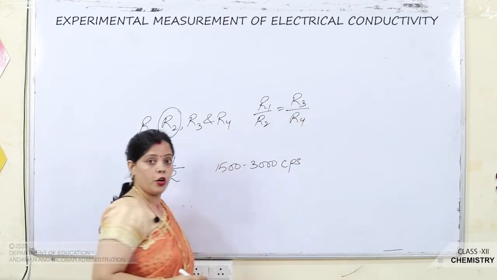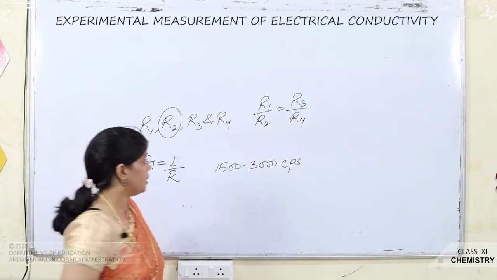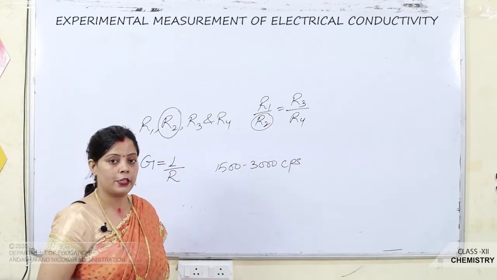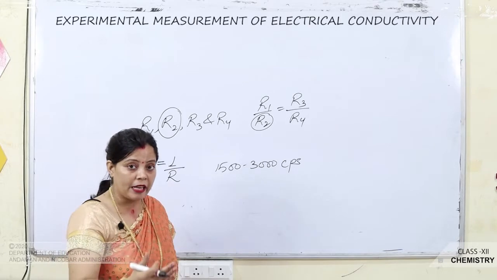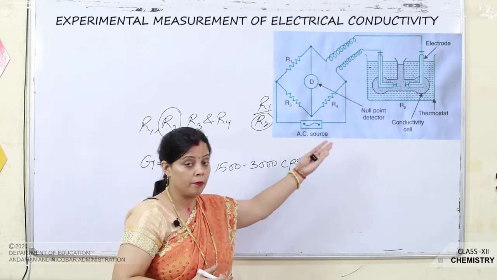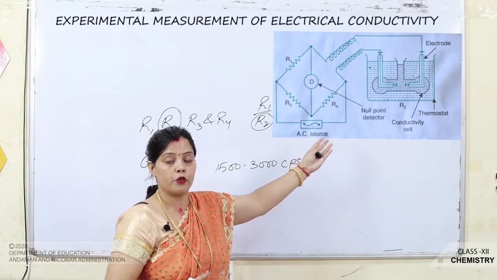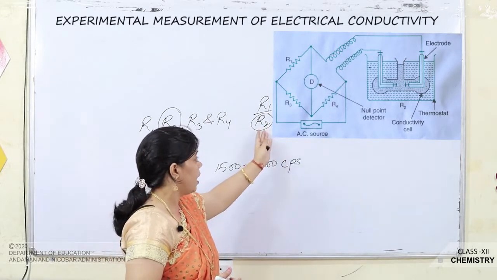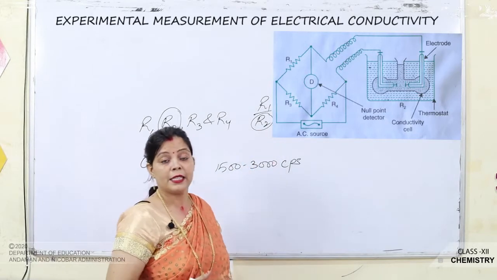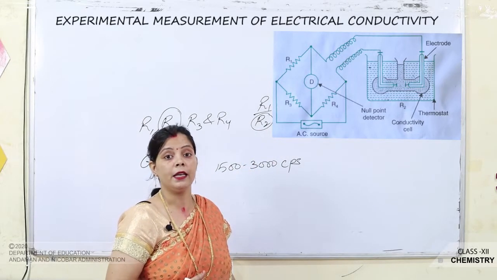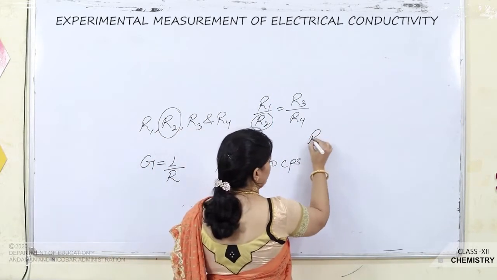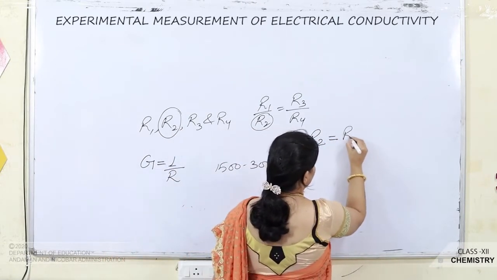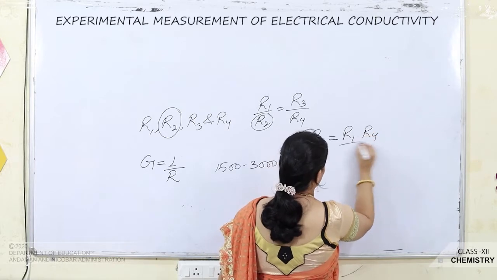This is the relation according to the Wheatstone bridge method, and here R2 is the resistance of the electrolytic solution. The electrolytic cell which is attached, having the resistance R2, is named the conductivity cell. By this relation we can easily calculate the value of R2: R2 is equal to R1 into R4 by R3.